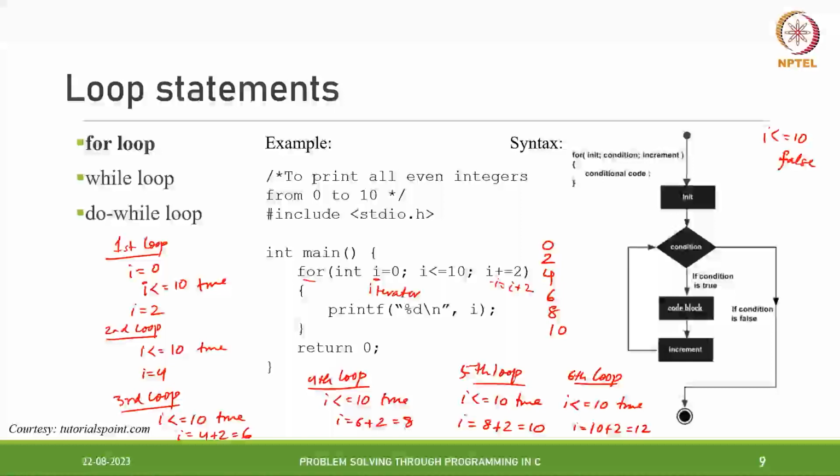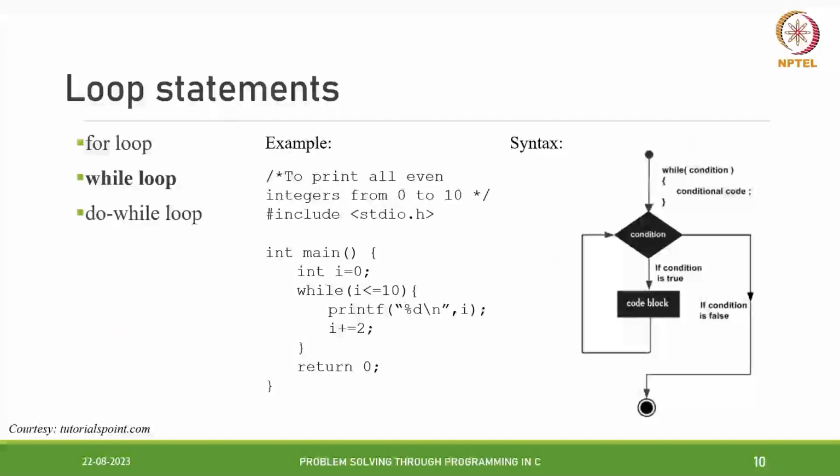So now we look at the while loop. In the while loop, it basically follows the same manner of writing, just that we initialize it before. So in the while loop, we just mention the conditional.